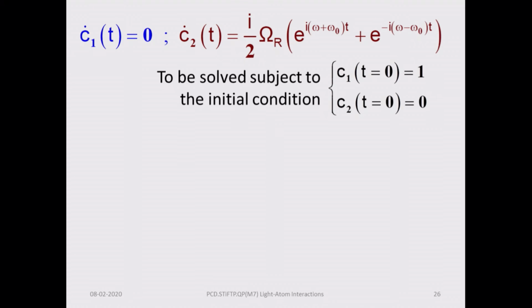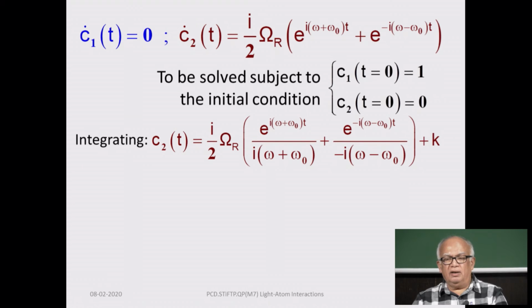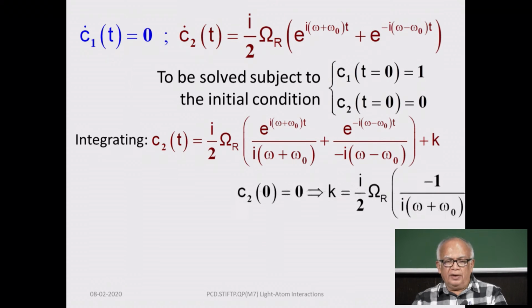So, what do you have to do? You just have to integrate this differential equation. Once you integrate it, you will get a constant of integration, right. You will have terms in omega plus omega 0 in the denominator and also omega minus omega 0 in the denominator.